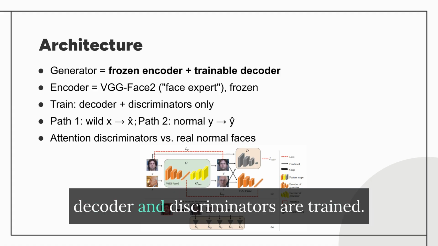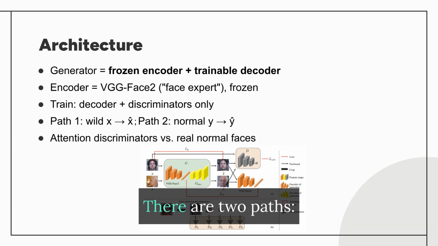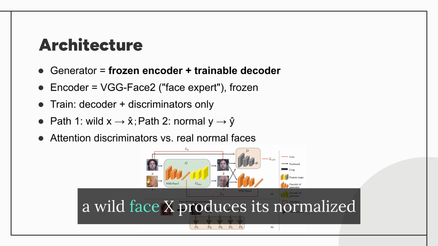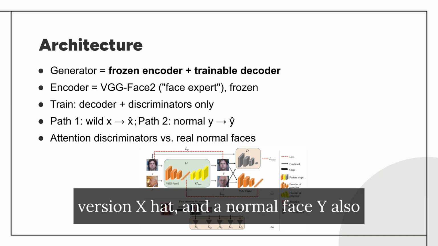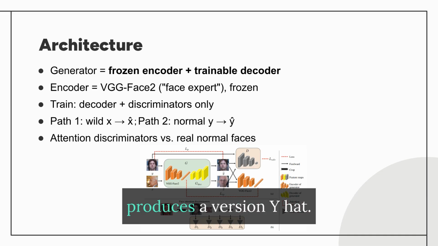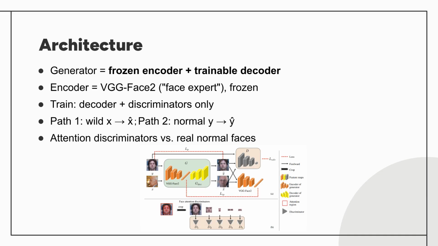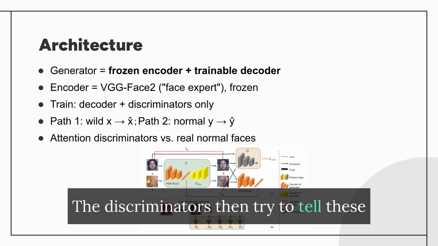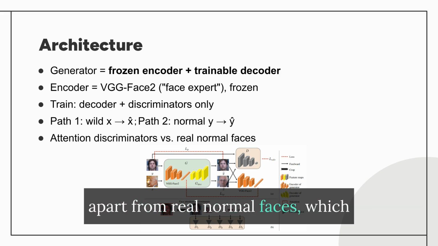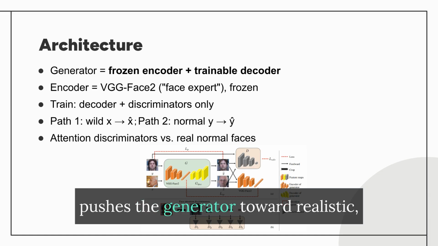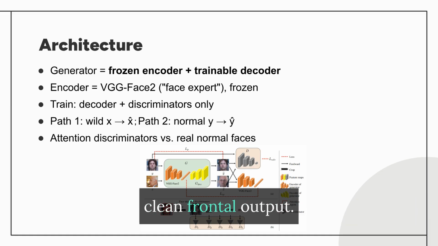Only the decoder and discriminators are trained. There are two paths. A wild face X produces its normalized version X-hat, and a normal face Y also produces a version Y-hat. The discriminators then try to tell these apart from real normal faces, which pushes the generator toward realistic, clean frontal output.